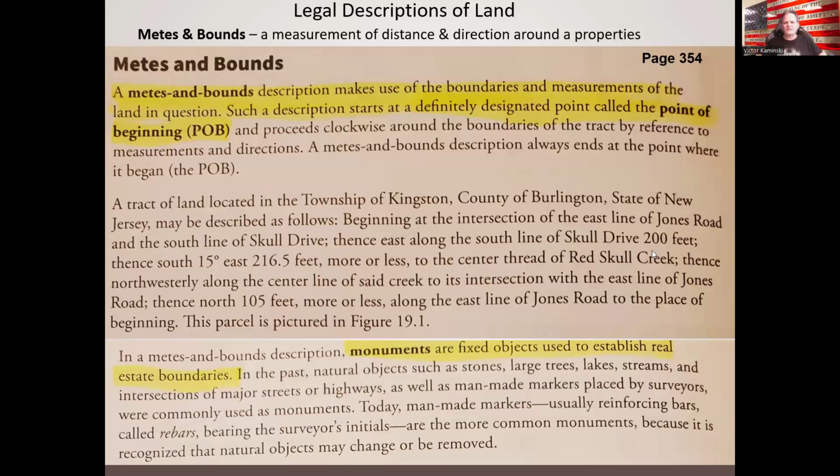See, here's a description of a survey that they give you here. A tract of land located in the township of Kingston, county of Burlington, state of New Jersey, may be described as follows.